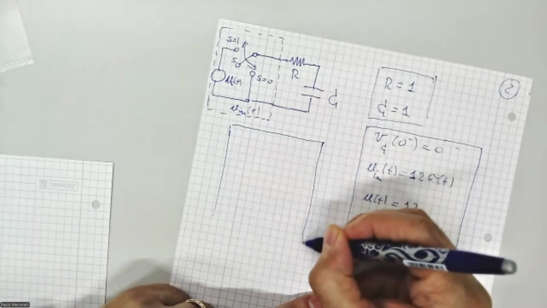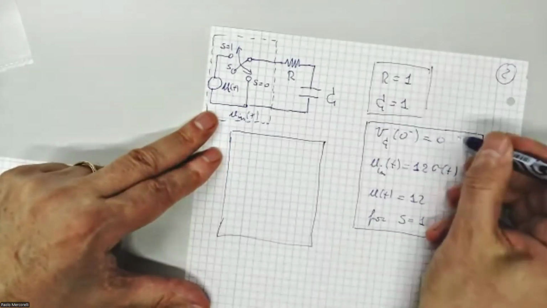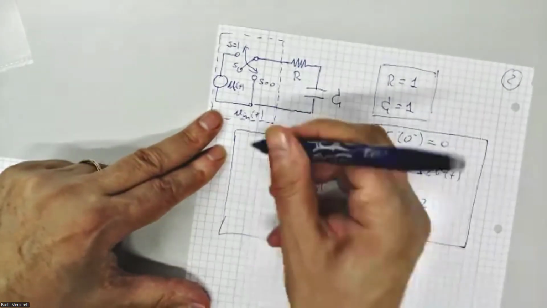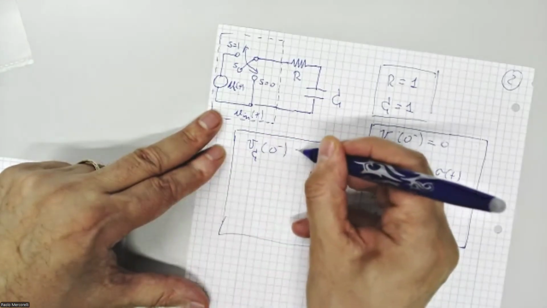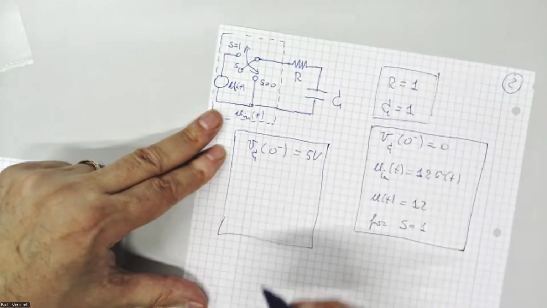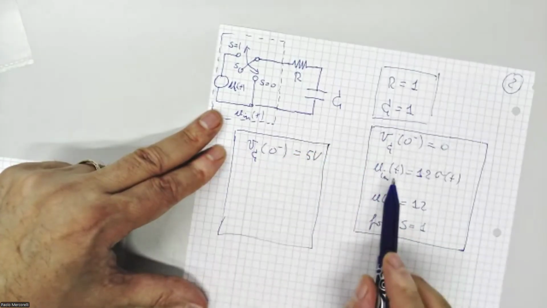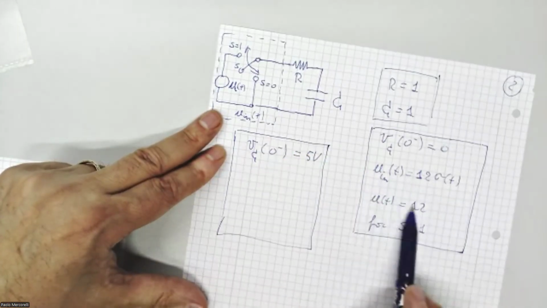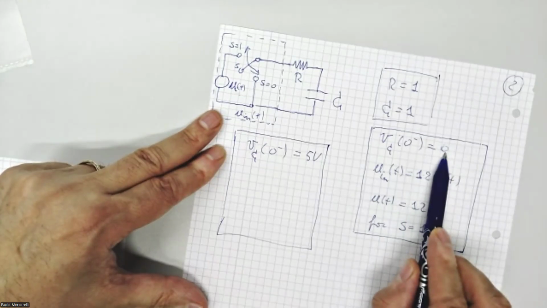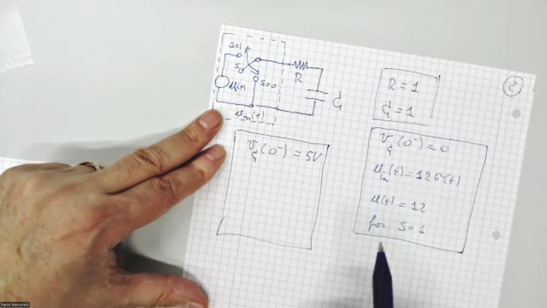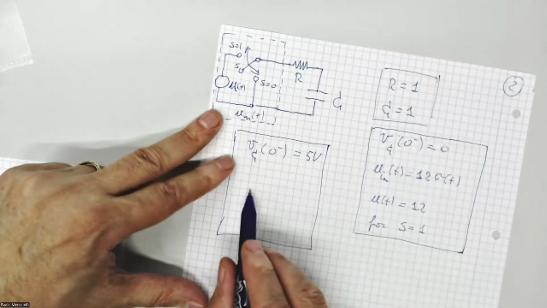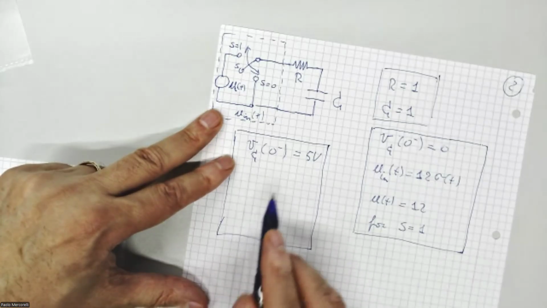So we do this parallelism with the free and forced response in the context of 0 minus, 0 plus. Now, 5 volts. We don't need this, because this is related to this square one. For S equals 0, we need just this.